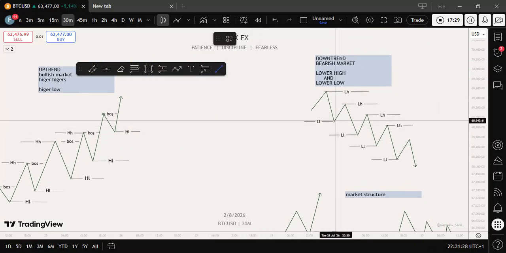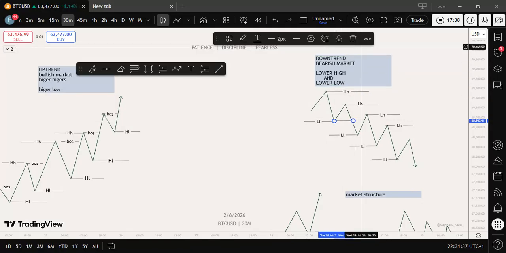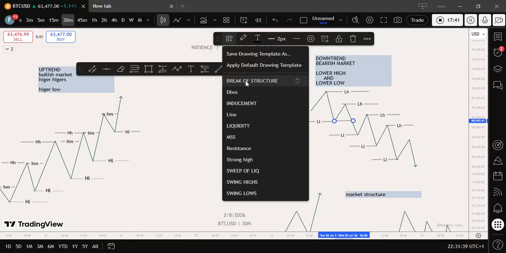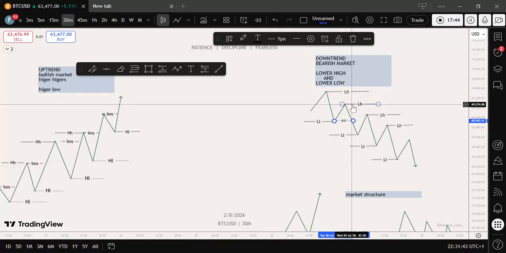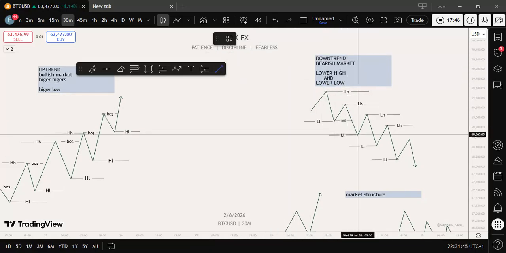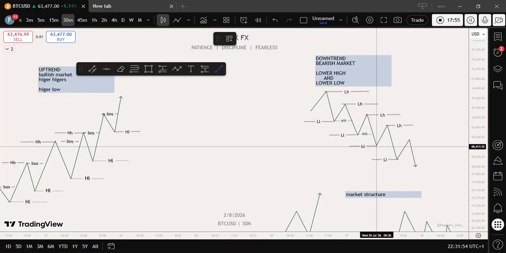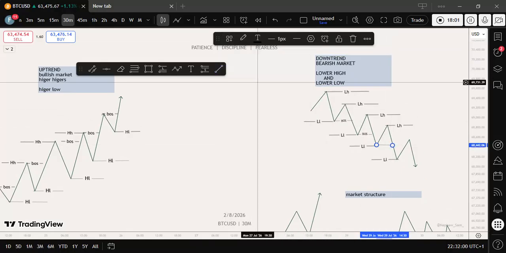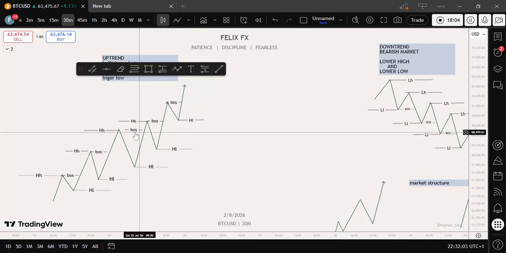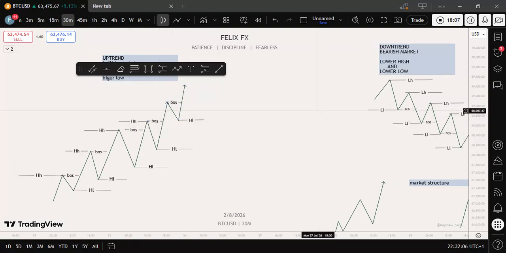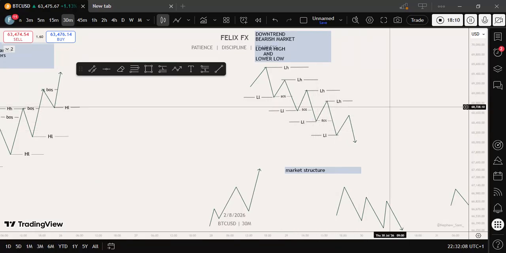When the market keeps breaking these lows, remember these are lower lows, that is what you call your break of structure. So for your uptrend, when the market keeps breaking highs, it is your break of structure. For your downtrend, when the market keeps breaking lows, it is your break of structure.